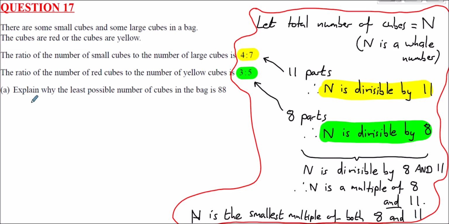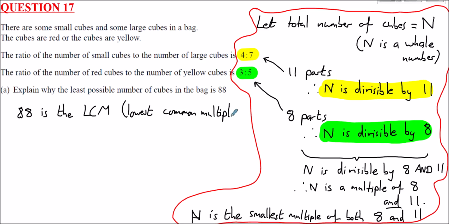So all you need to put here is 88 is the lowest common multiple of 8 and 11.